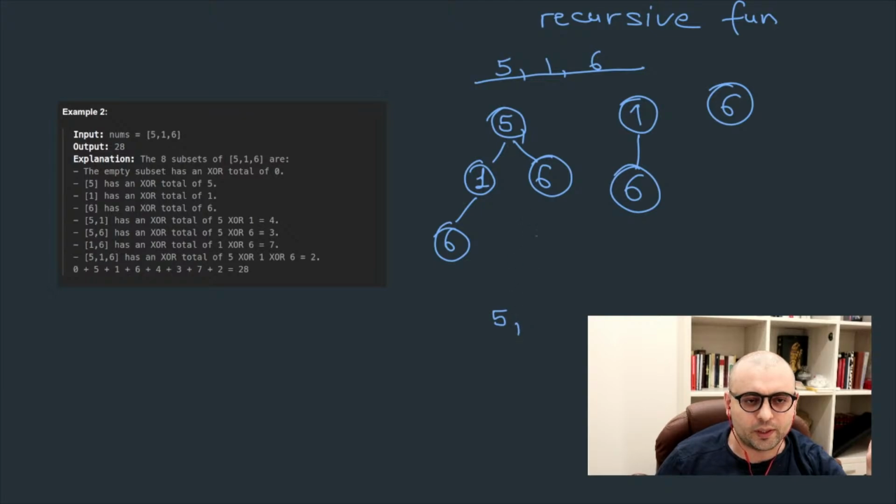And then if we include 1, we'll have 5 XOR 1. If we include 6, it will be 5 XOR 6. And if we go next, 5 XOR 1 and XOR 6. So this will be like 5 sums. What we'll need to do is to sum everything together.